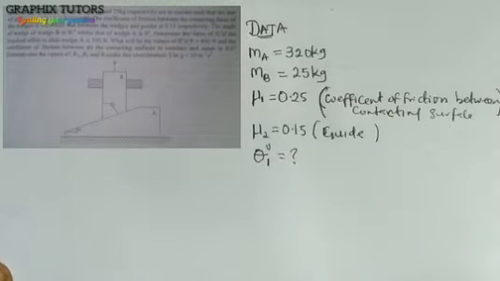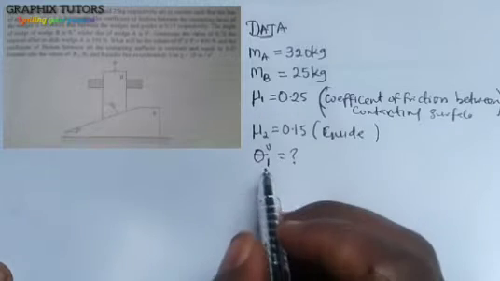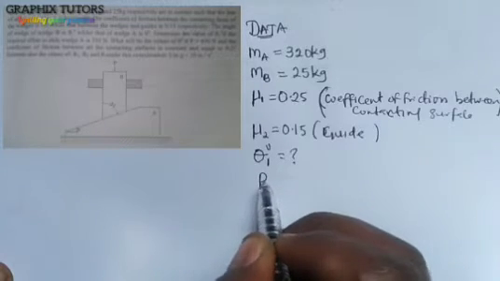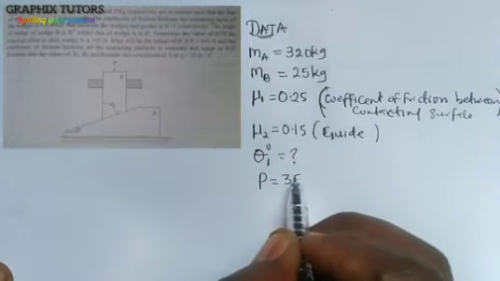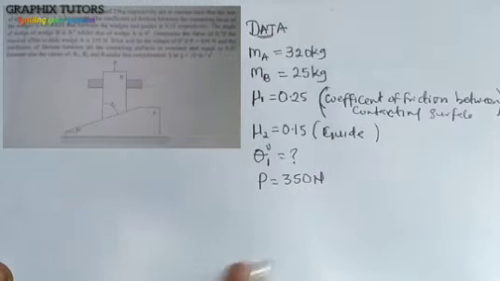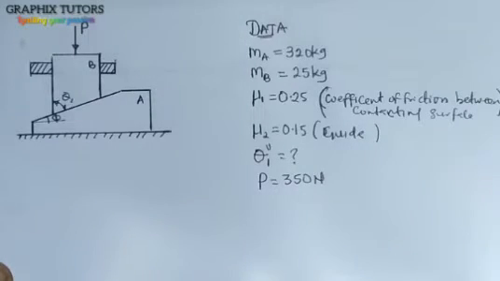And we are given that the force required is 350 Newton. So P is 350 Newton. So that is case 1.